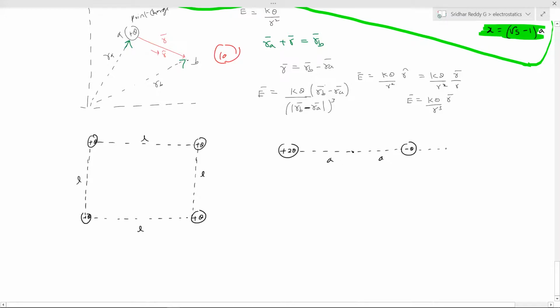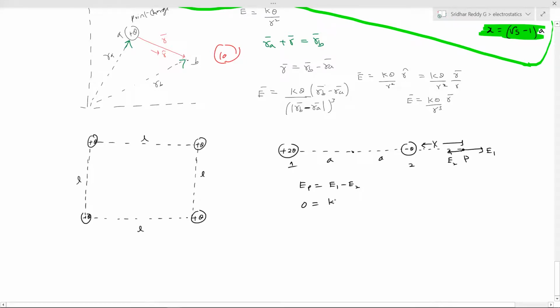So where will the field be zero? I'll call this 1 and this 2. The field here will be E1, and E2 will be like this. Let it be at a distance X. Then the resultant field EP is equal to E1 minus E2. This should be 0.